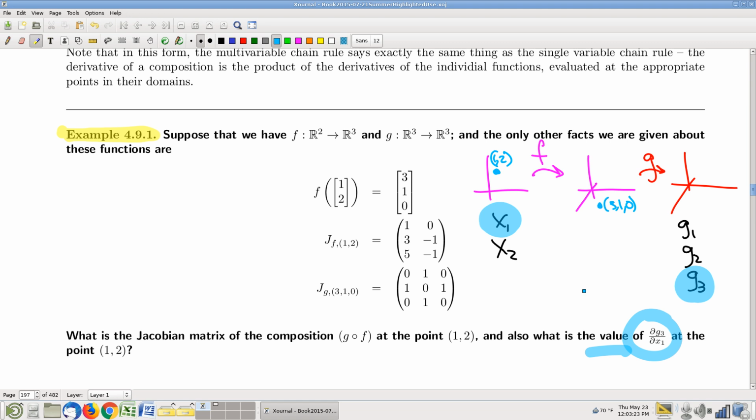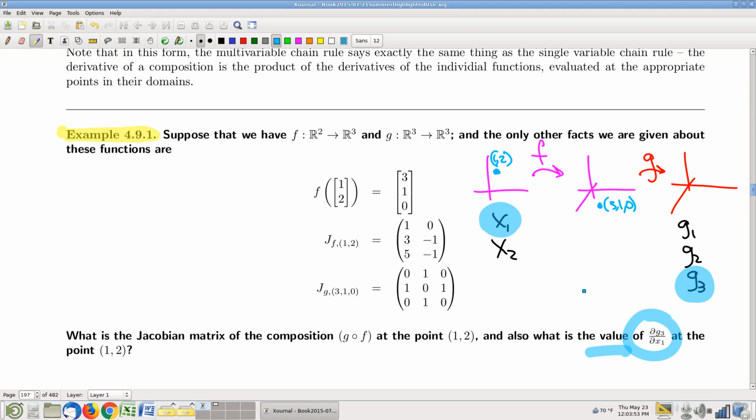And don't forget the structure of Jacobians. There's a very specific structure. Columns correspond to input variables. So this question is asking about a partial with respect to x1. That means we're looking in the first column of our Jacobian matrix. In that first column, there are the three partials with respect to x1 of the three output variables.